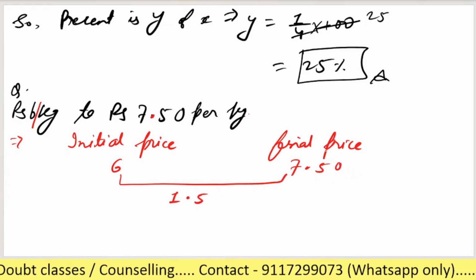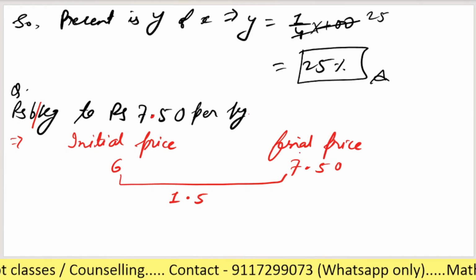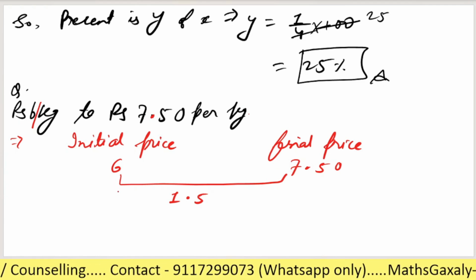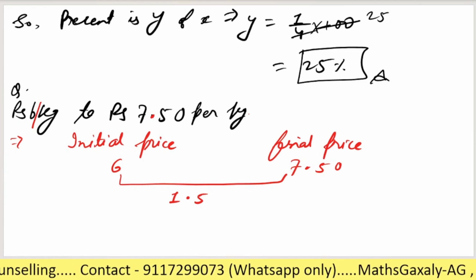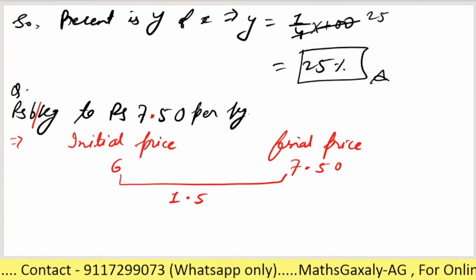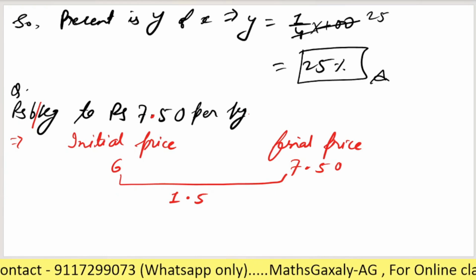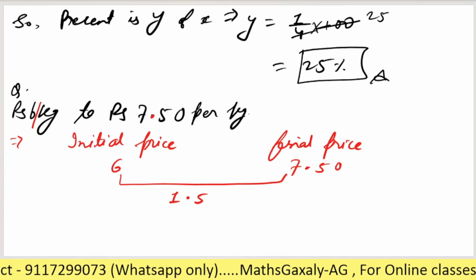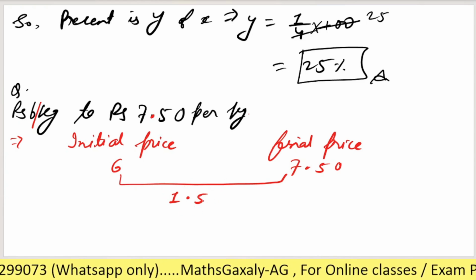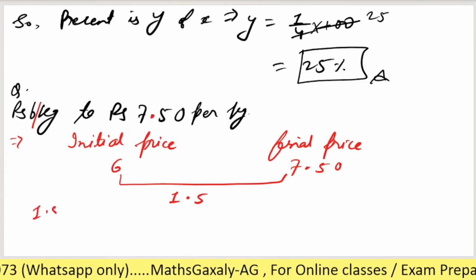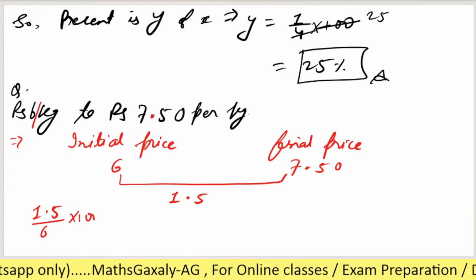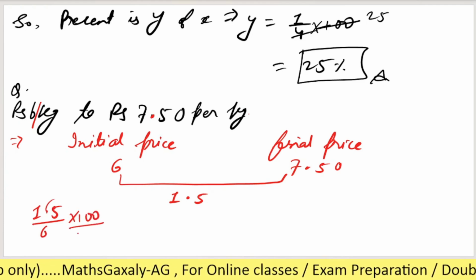Is it clear? Yes. So in the question it is saying that the expenditure cannot increase, the expenditure was the same. So what percent is the reduction in consumption? This is the increment 1.5 on 6.